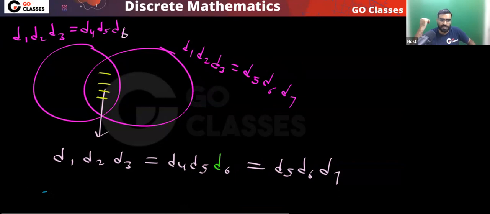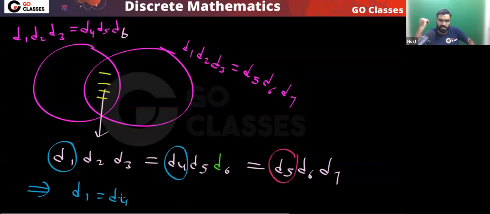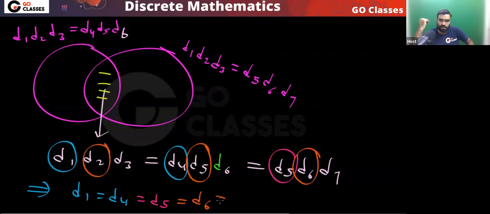What does that mean? It means D1 is same as D4, and D4 is same as D5. But D5 is same as D6, and D5 is same as D2.